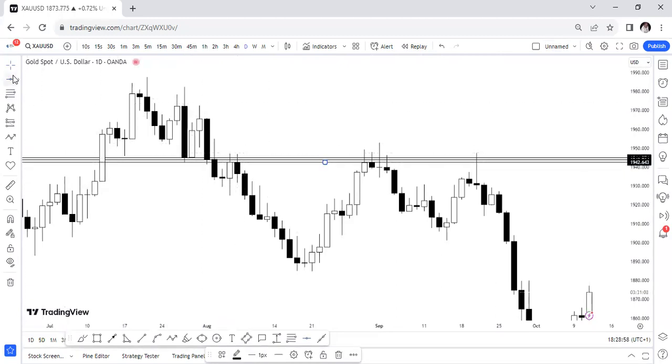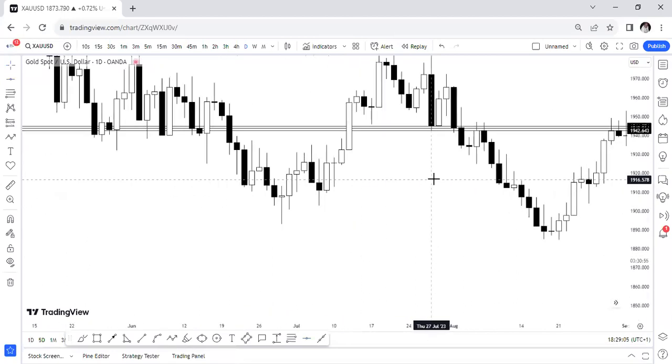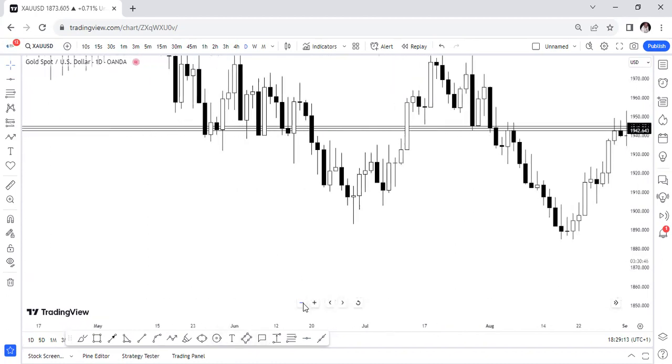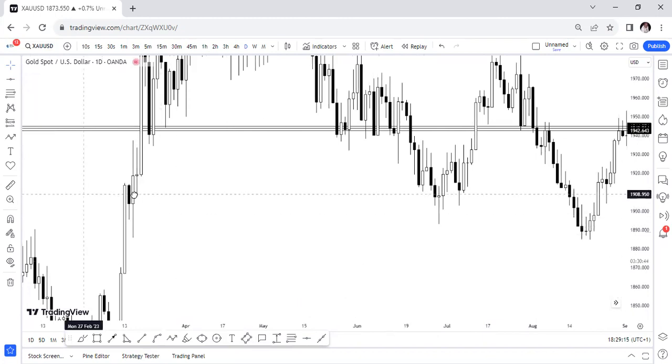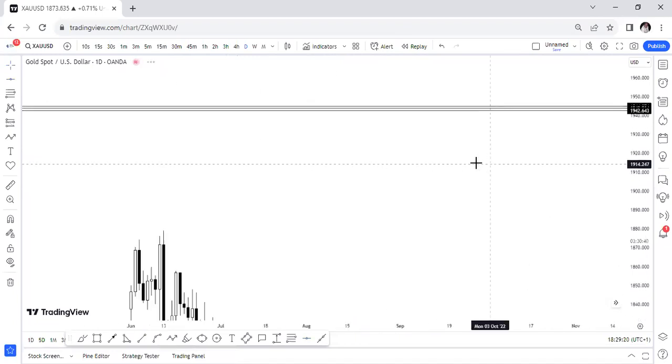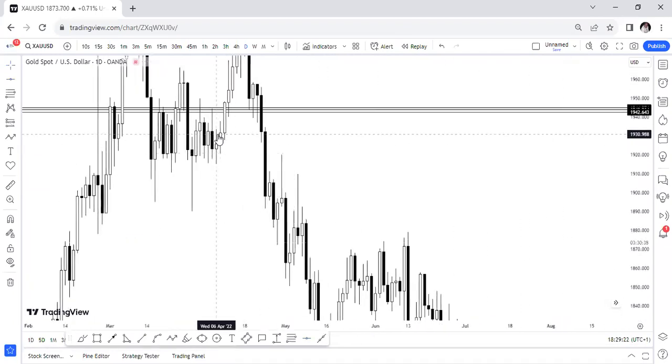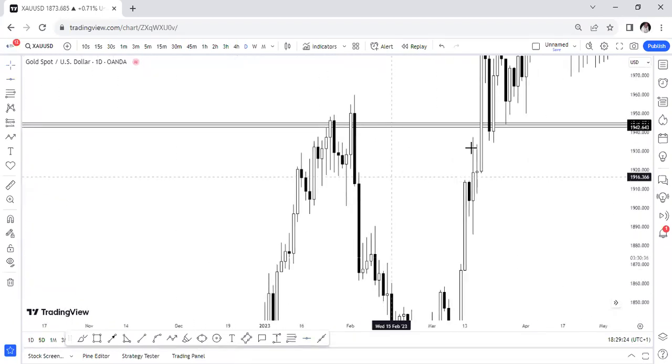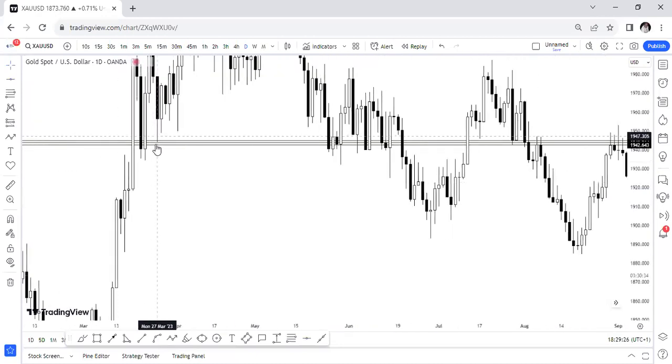Moving forward, the same place again. If you watch in the back, you can see the testing of this area. If you go back, price always reacts to that level in the past.